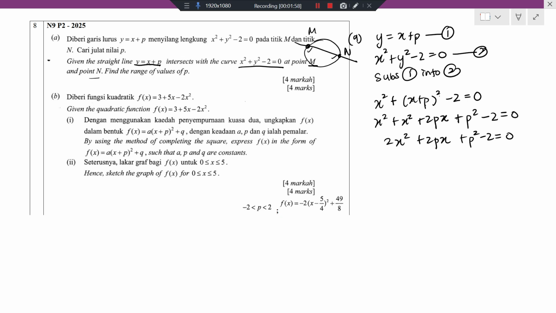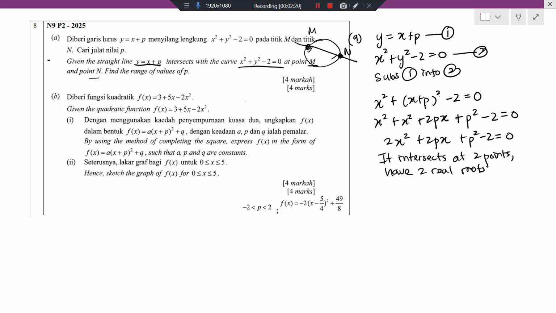It intersects at 2 places means it has 2 roots, correct or not? This one is just for you to understand. It intersects at 2 points. That means have 2 real roots lah.